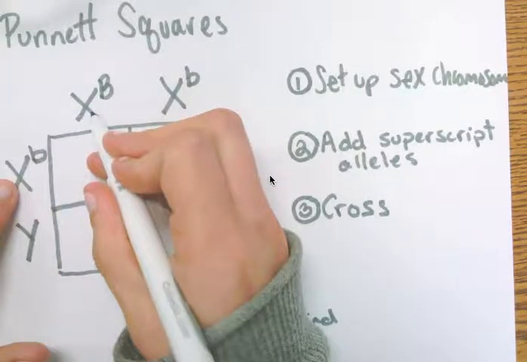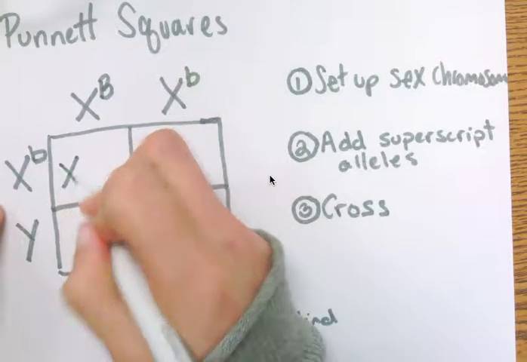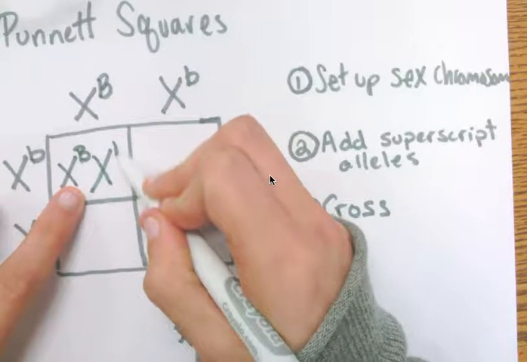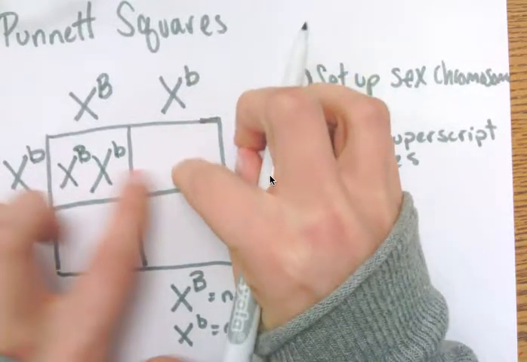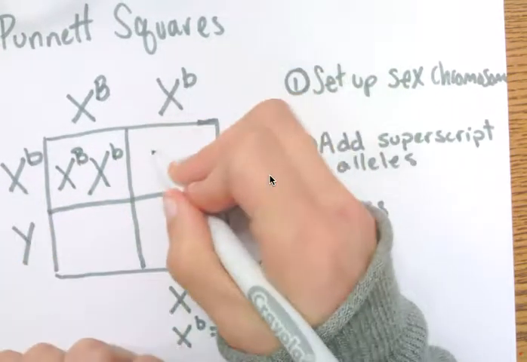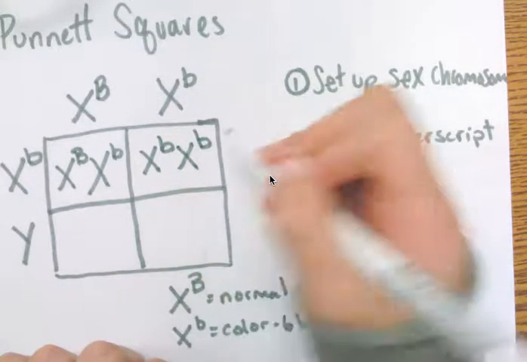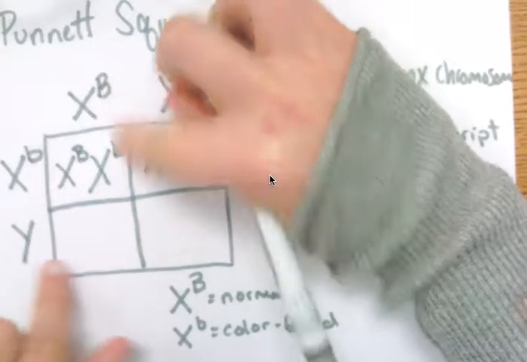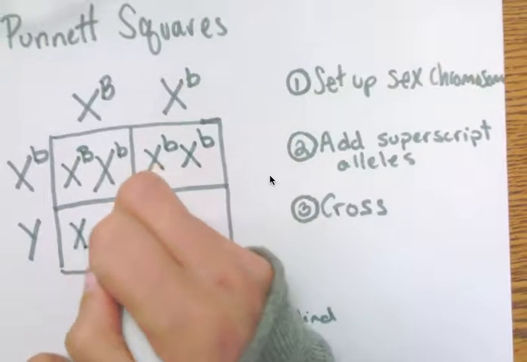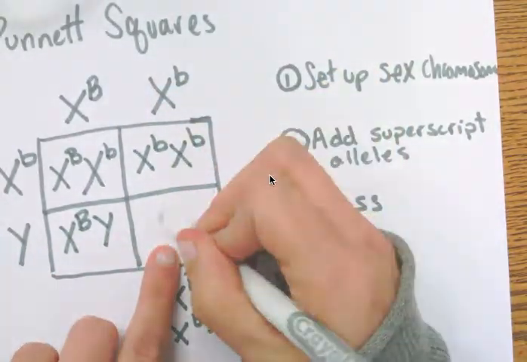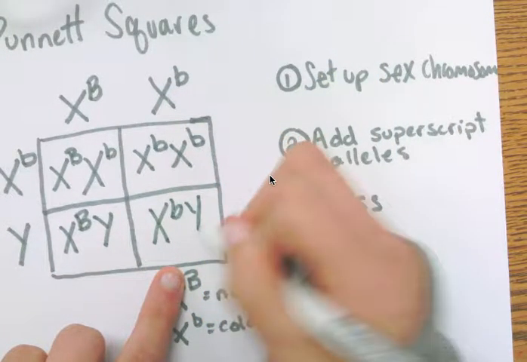So here we have X big B, X little b, X little b, X little b, X big B, Y, and then X little b, Y.